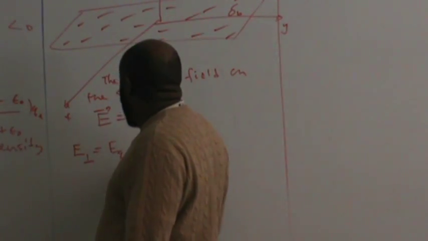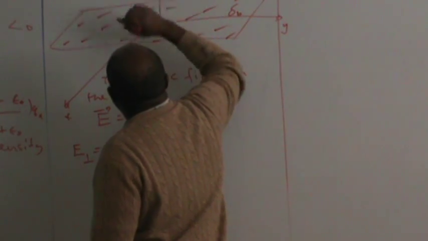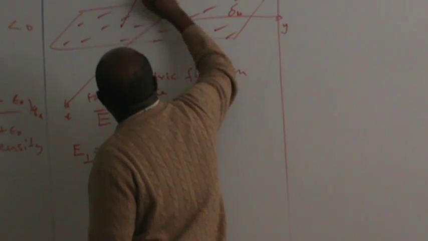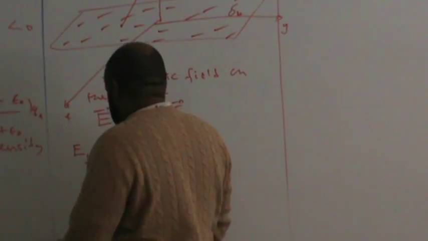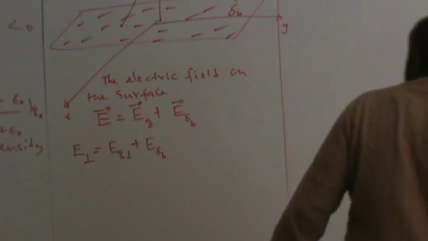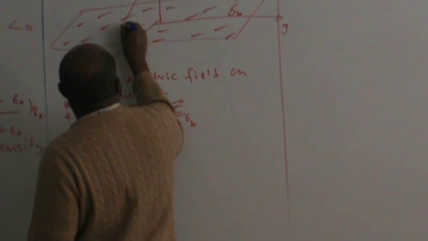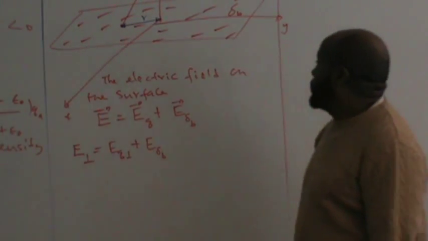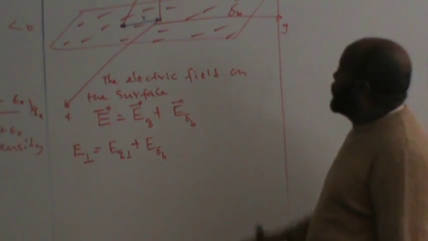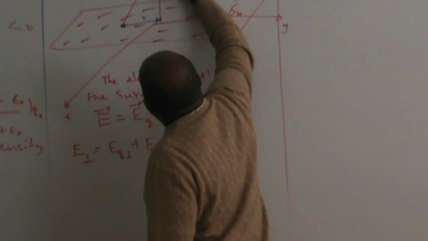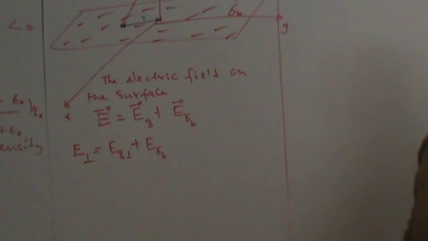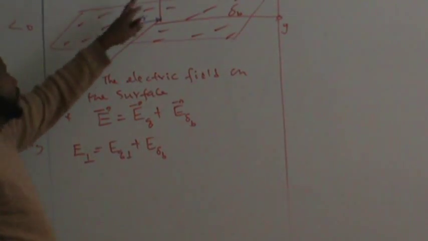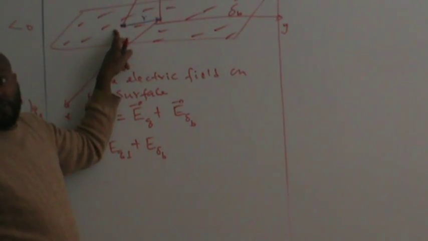Now for the electric field of the charge here, if I assume that this is where I want to evaluate the electric field, at some distance r from here, so this distance is r, and I call this angle theta. What's going to be the normal component of the electric field of this point charge at this point?